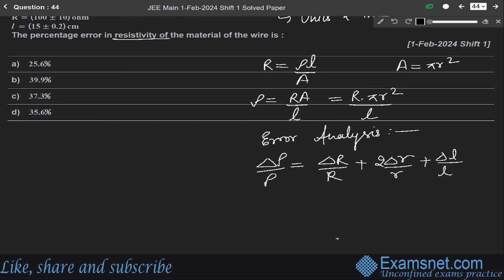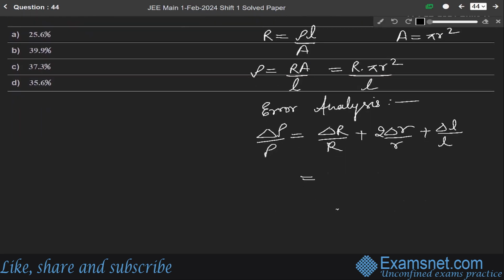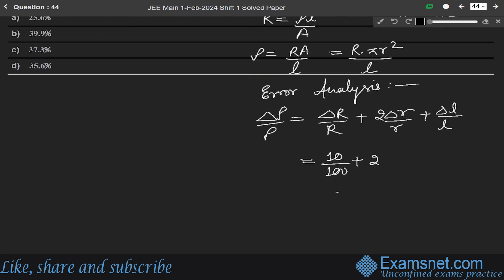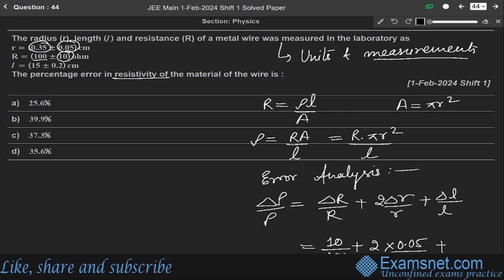Now putting the values, delta R over R: delta R is 10 over R is 100, so 10 over 100, plus 2 into delta r over r, 0.05 over 0.35, plus delta L over L, 0.2 over 15.